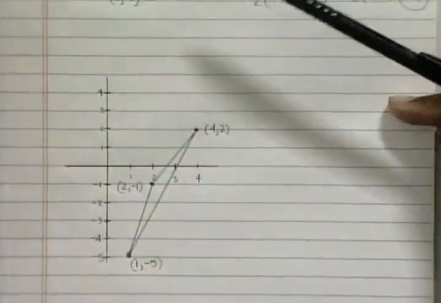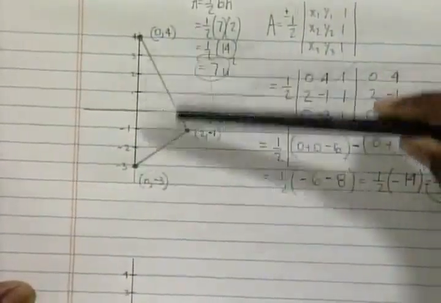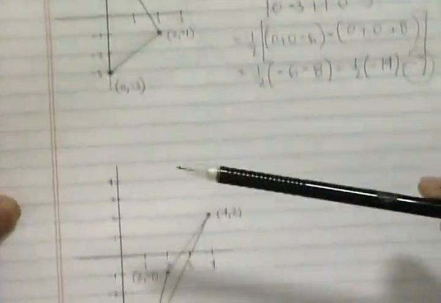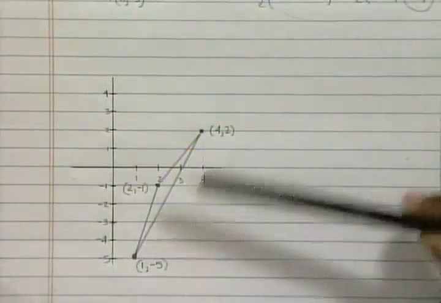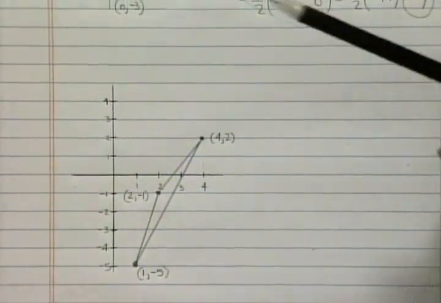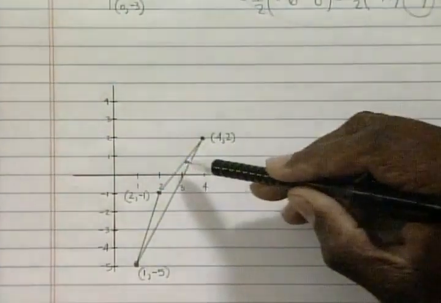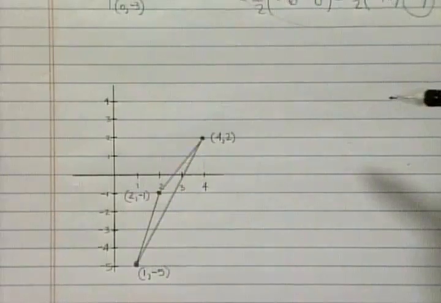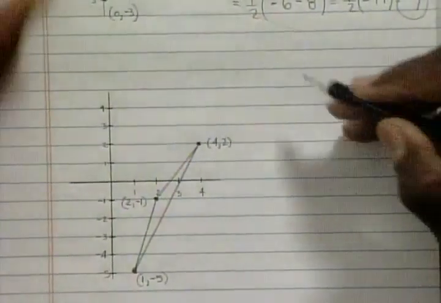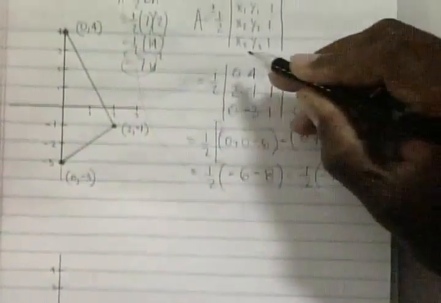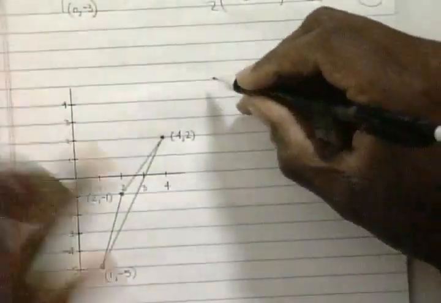It was real easy to determine the base of this because it's a straight vertical length. But if you wanted to find a length of one of these points, you'd have to use the distance formula or something like that. So let's try to find the area of this triangle using this same formula that we have up here.